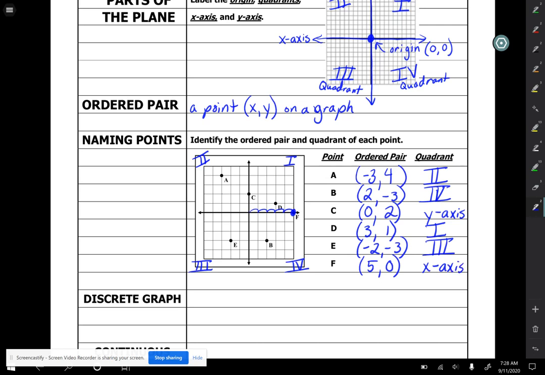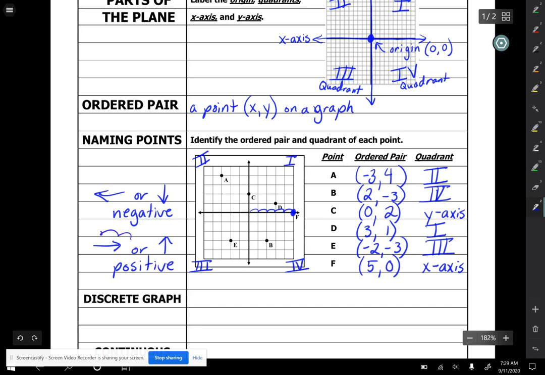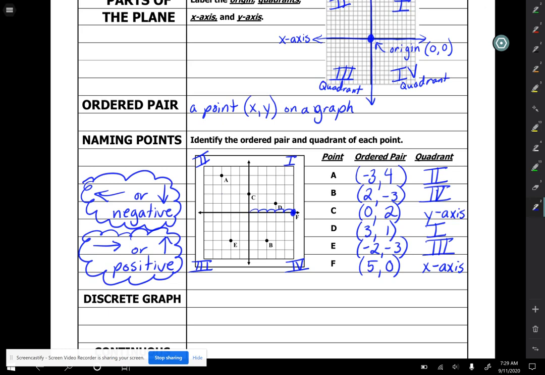So remember, when you are moving to the left, or if you're moving down, these are going to be negative. If you're moving to the right or up, these are going to be positive. Okay.